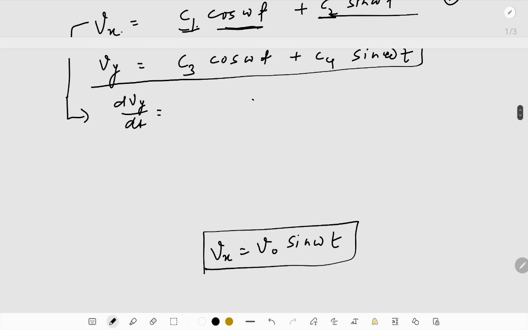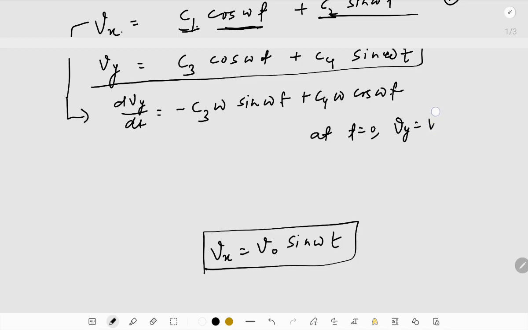So we are going to find out the second equation, and that is minus C3 omega sin omega t plus C4 omega cos omega t. And the initial conditions were: at t equals 0, Vy was equal to V0, and dVy by dt was equal to 0, because it was dependent on Vx, that was initially 0.